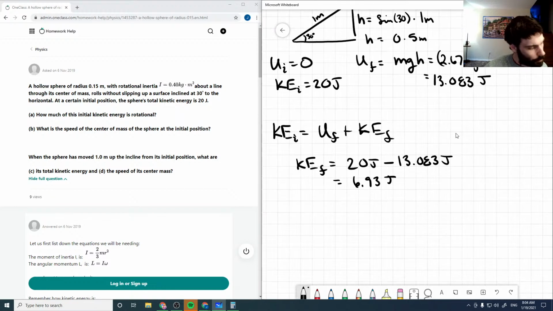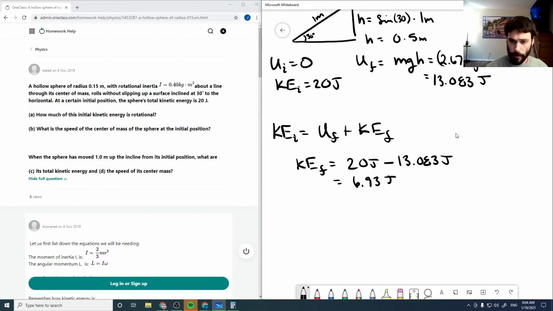Okay, so if it wants to know the speed of its center of mass, we can use our relationship between our rotational or our linear energy. So our kinetic energy final is our 6.93 joules, which is equal to 5/4 of our I omega squared.